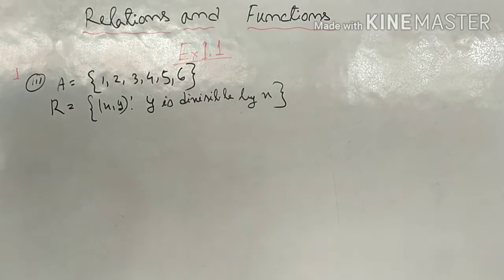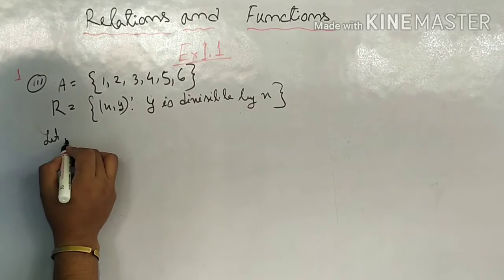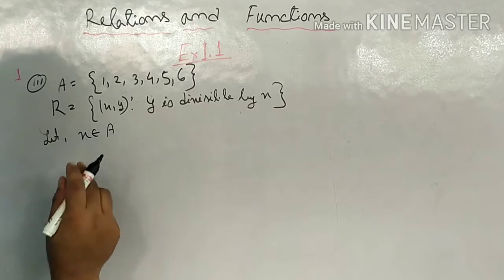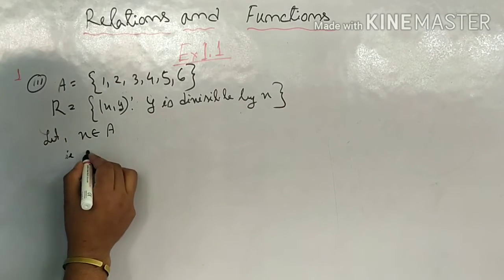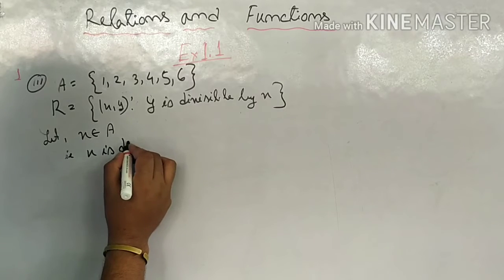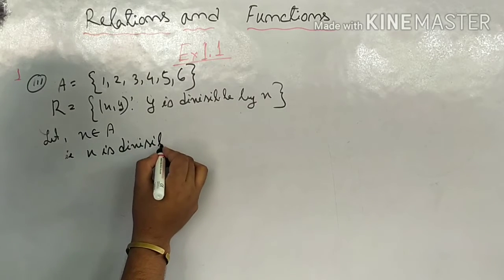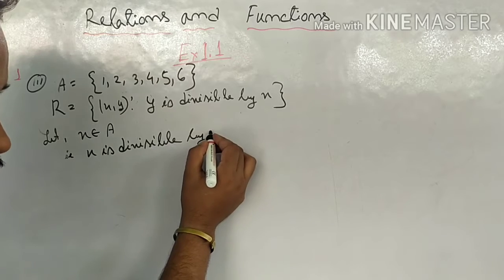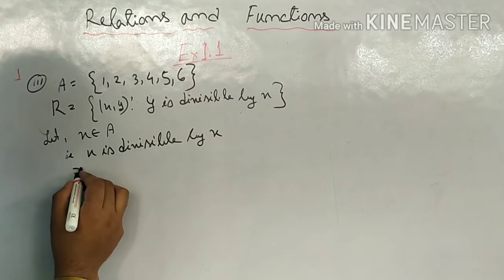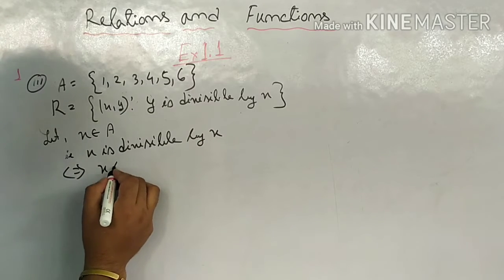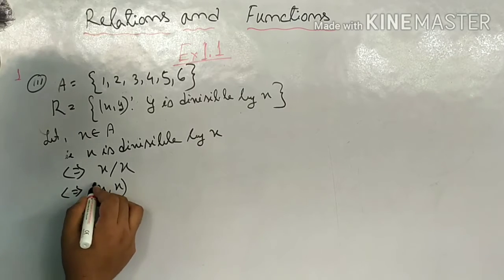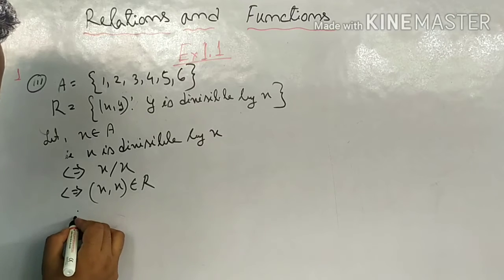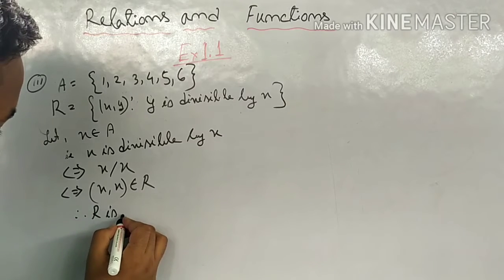Now let x belong to A. So x is divisible by x, therefore (x, x) belongs to R. Therefore R is reflexive.